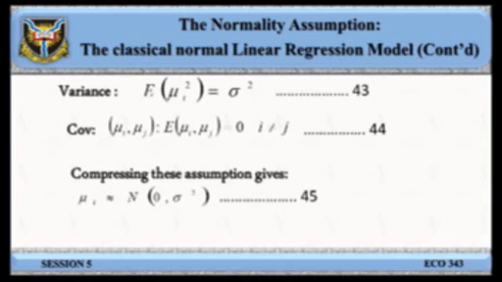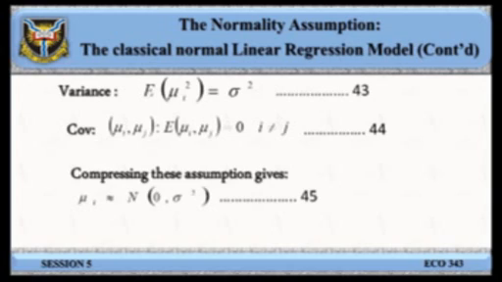Covariance of mu i mu j such that E into bracket mu i mu j is equal to 0, i is not equal to j, equation 44.